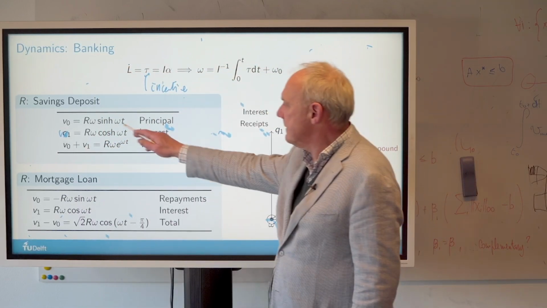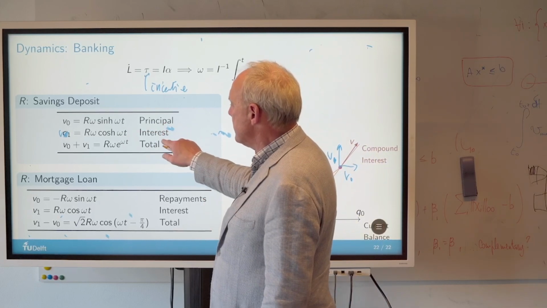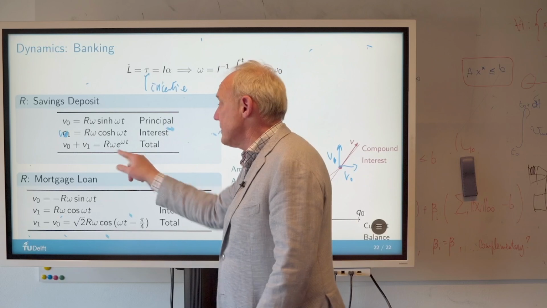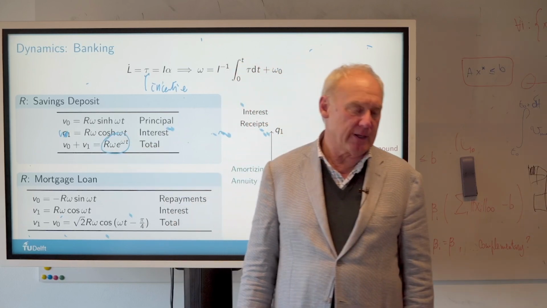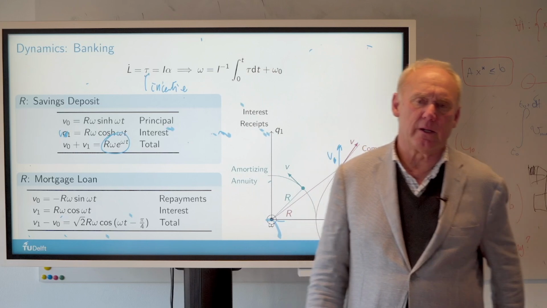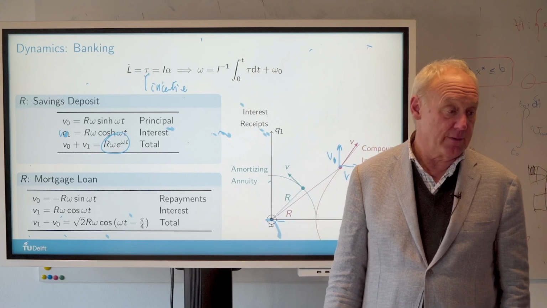So you'll see that this is what you get. This is the rate at which the principal goes, the interest goes, and you can sum them, that's your total money, and you'll see that you'll get this exponential growth, okay, of your total receipts. This is exactly what we know should happen.